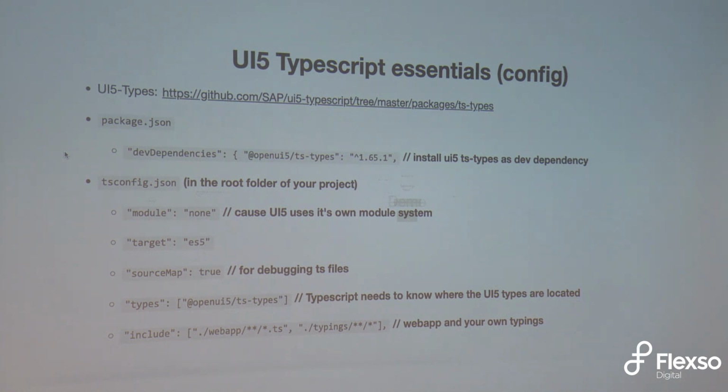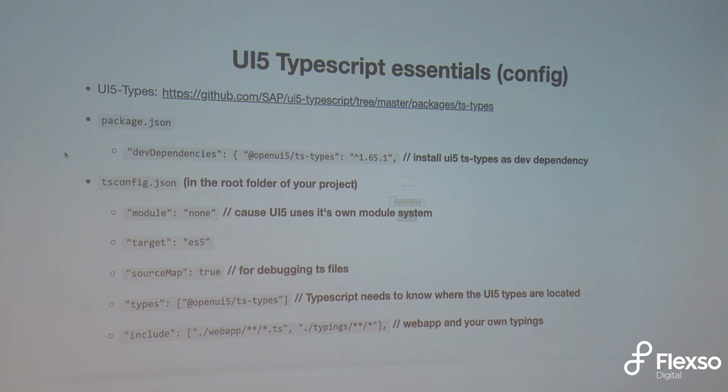And then you have to tell TypeScript which files you want to include into your project, and of course you want to include everything that's beneath the webapp folder. But also, that's what I'm always doing, I also define a folder named typings, and I'll show you in a moment what I put into this typings folder.